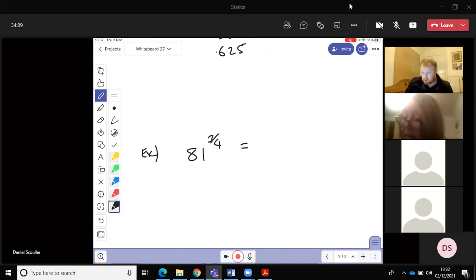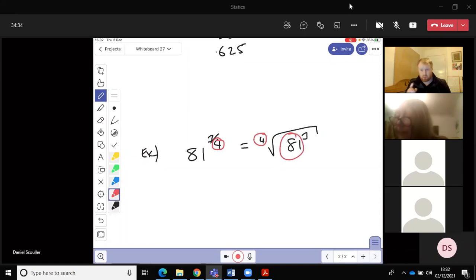If that was the case, now the wee number in front of the root would be that 4, and then you'd have 81 cubed. So whatever's on the bottom of that fraction goes in front of the root. And what that's telling you is how many numbers need to multiply together to get this.